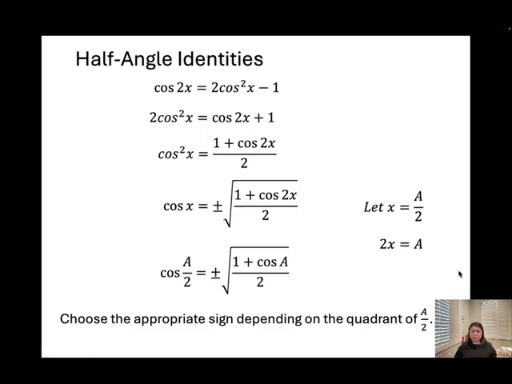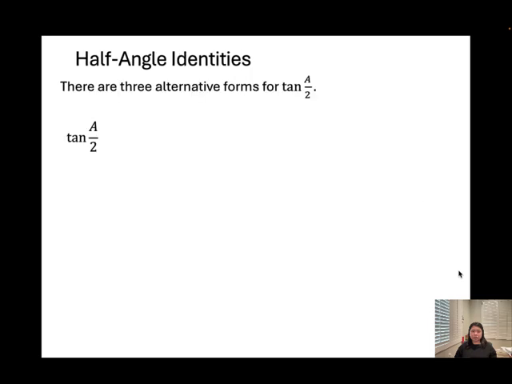We are done with the sine and the cosine. Now we're going to take care of the tangent. There are 3 alternative forms for the tangent a over 2. Let's work on the first one. The fundamental formula for the tangent is equal to sine over cosine.